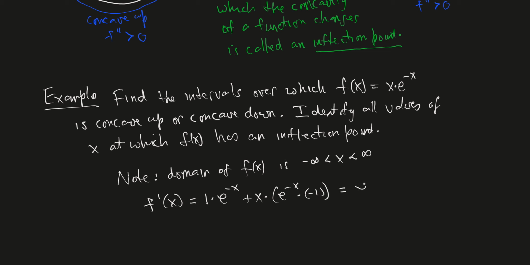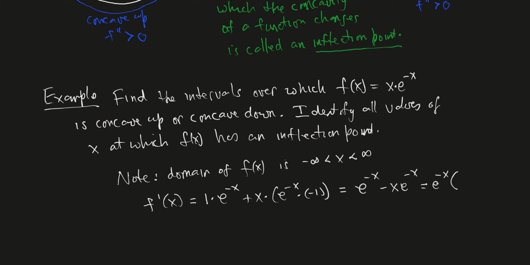So we end up with e to the negative x minus x e to the negative x. Now, to differentiate this, notice that e to the negative x is a common factor. So we can factor out the e to the negative x, and it will make the second derivative a little bit easier to find.